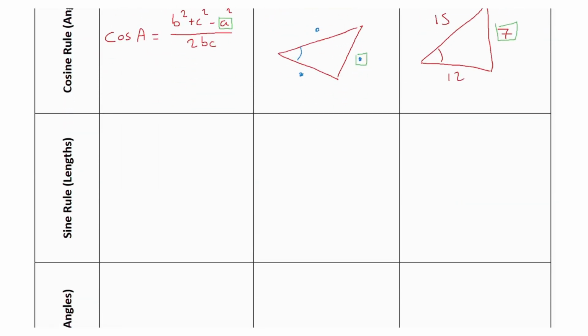Now let's have a look at the sine rule. First of all for lengths, and then for angles. The sine rule is a over sine A equals b over sine B equals c over sine C. So this says the ratio of an edge divided by sine of the opposite angle is constant no matter which pair we choose.